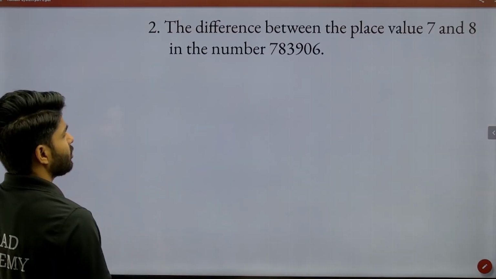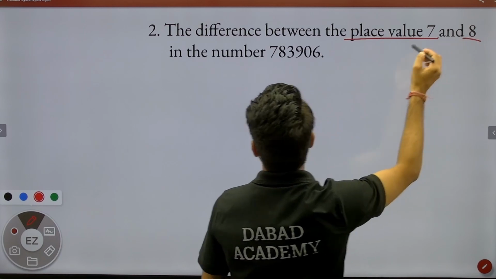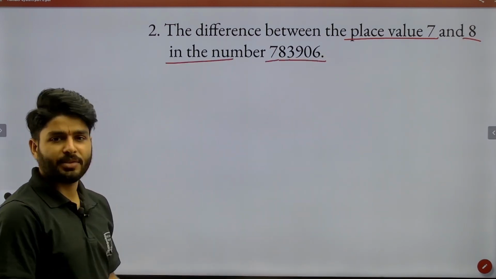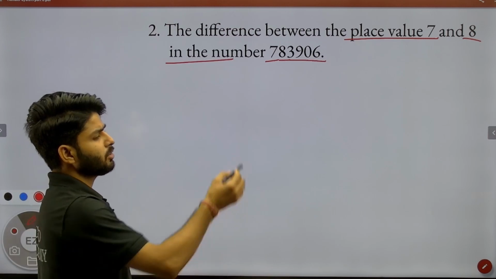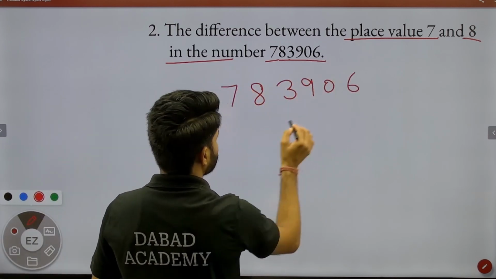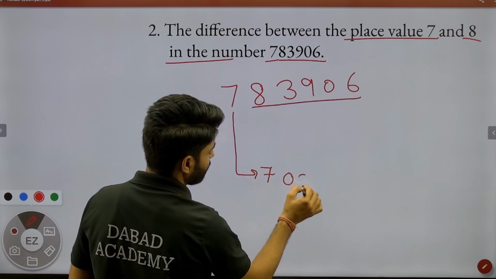In the second question, the difference between the place value of 7 and 8 in the number 873906. We have to find the difference of the place values of 7 and 8. So first we have to find the place value, that is 873906. The place value of 7 is 7, and we have 5 digits after it, so we have to write 5 zeros here.